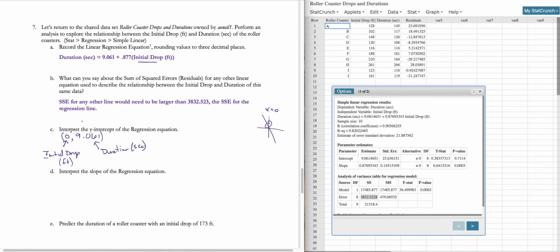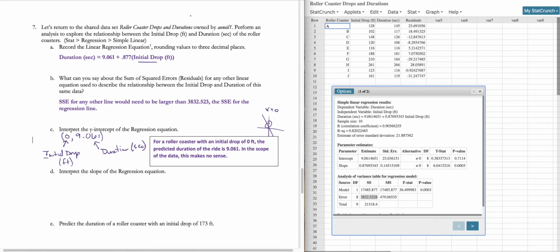So to literally translate this ordered pair, we are told that for an initial drop of 0 feet, the predicted duration of the ride is 9.061 seconds, which of course makes absolutely no sense at all. Very often when we are attempting to interpret a y-intercept in the scope of data, our interpretation just doesn't make any sense at all because we don't have any data at 0, and very often 0 just means nothing in the scope of our data.